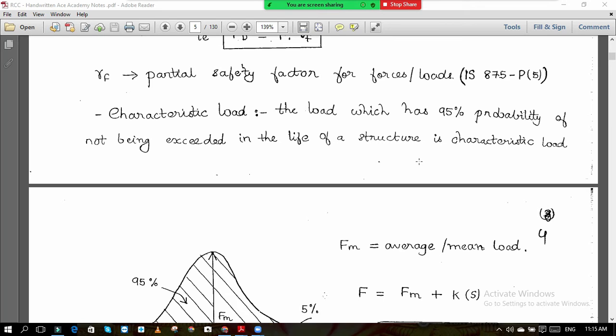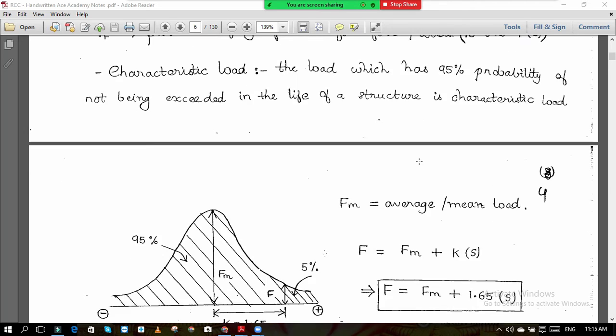What is the meaning of that? It means there is a 95% probability that when the actual load is applied and the structure is constructed, the load will not go beyond that 150 kilonewton. That type of load is called the characteristic load.